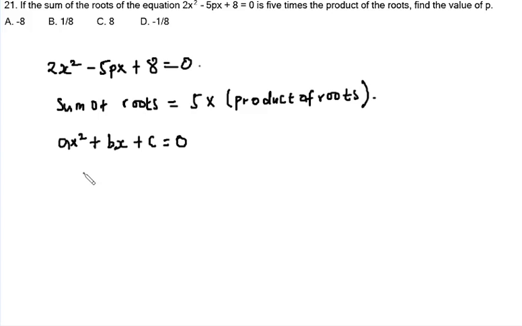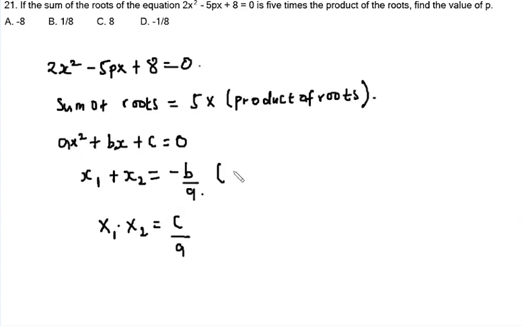So if you have your roots as, say, x1 and x2, we're just assuming these are the roots of this quadratic equation, the sum x1 plus x2 is minus b over a. And the two roots multiplying each other is c divided by a.